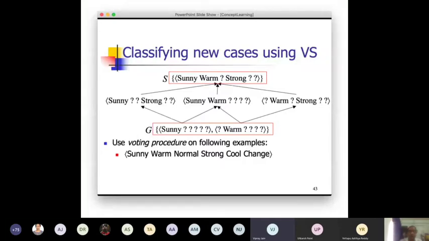So if G rejects an instance, all the hypotheses in the version space will reject it. And if any hypothesis in S accepts an instance, all the hypotheses in the version space will accept it.